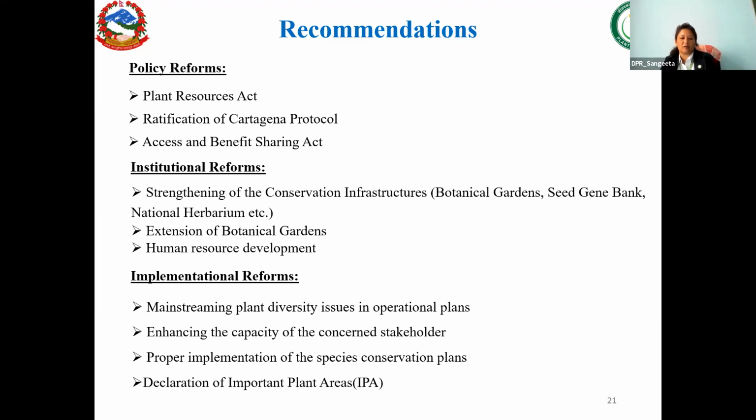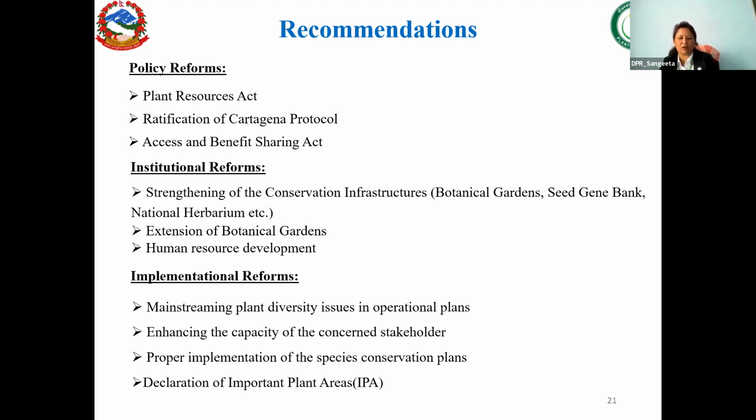Now, implementational reform. What we can do right now in the implementation aspect is mainstreaming the plant diversity issue in operational plans. We have operational plans, and we also keep some biodiversity sections there, but it is not enough right now.